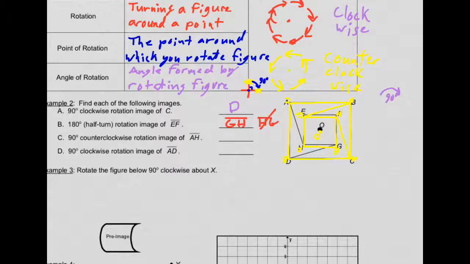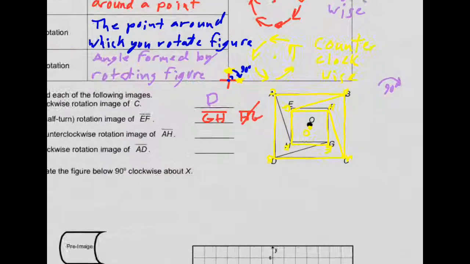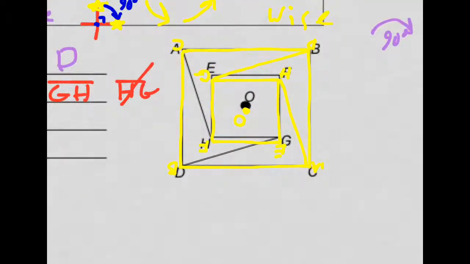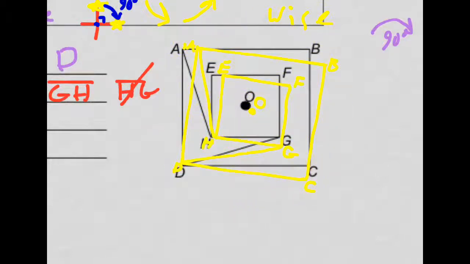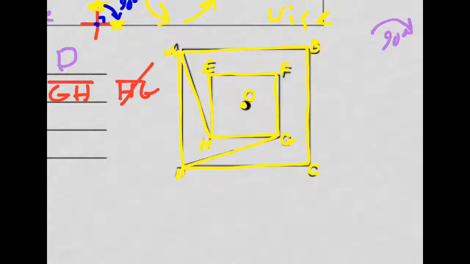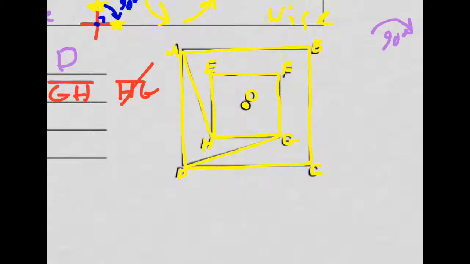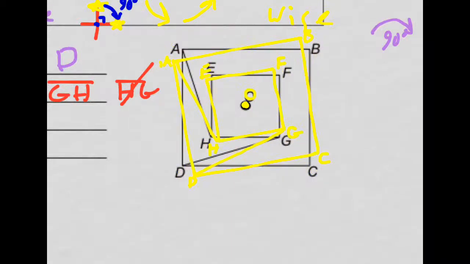Okay, a 90 degree counterclockwise rotation, image of AH. All right. So I'm going to reset it back to where it was. And I'm going to go 90 degrees counterclockwise.